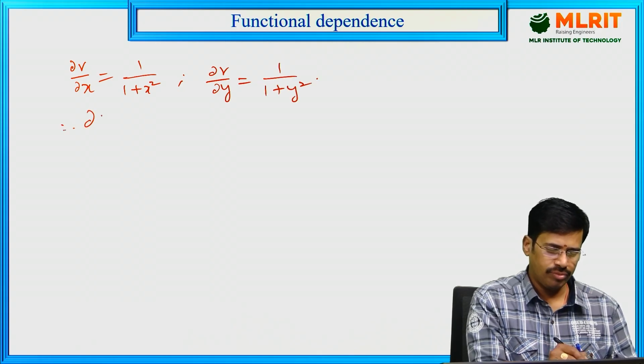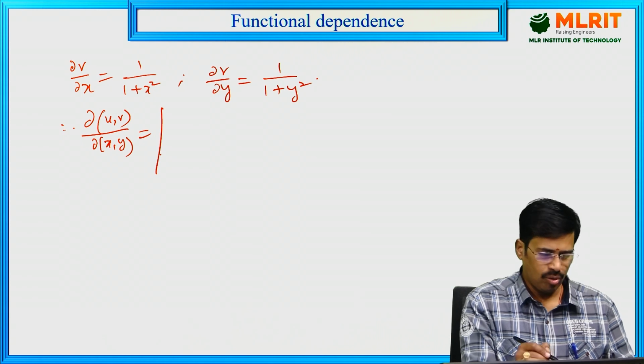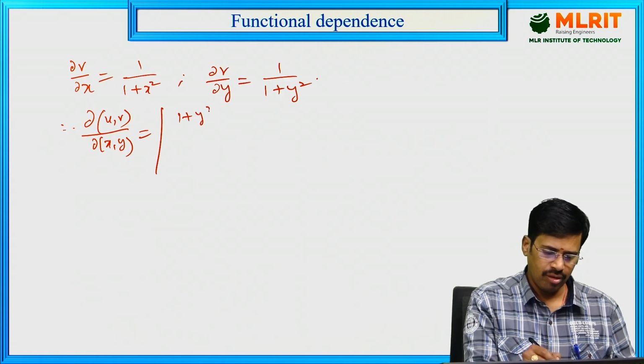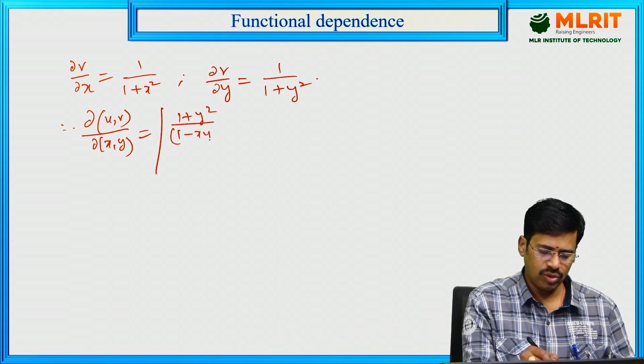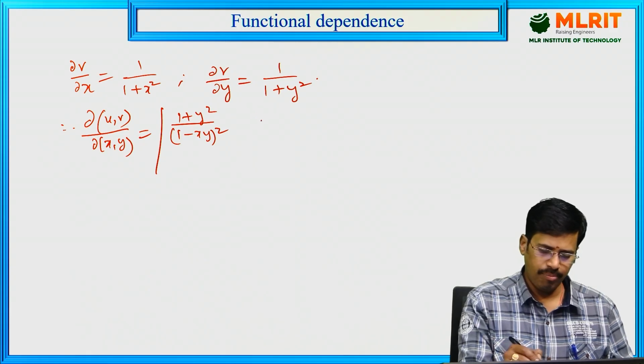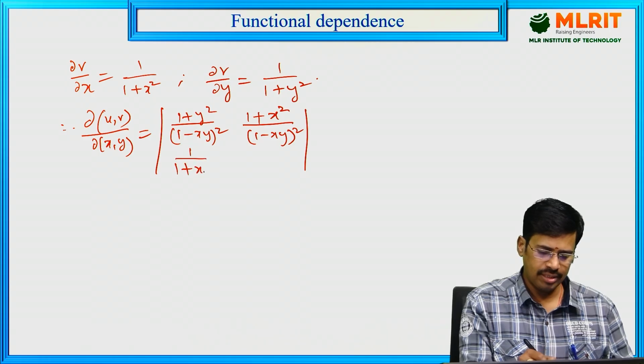Therefore the Jacobian of u, v with respect to x, y is: dou u by dou x, (1 plus y square) by (1 minus xy) whole square; next, (1 plus x square) by (1 minus xy) whole square; next, 1 by (1 plus x square), 1 by (1 plus y square).